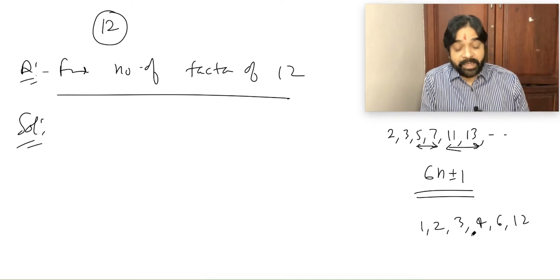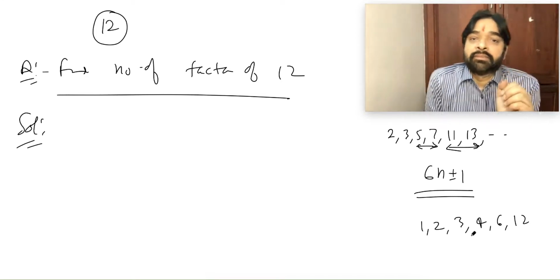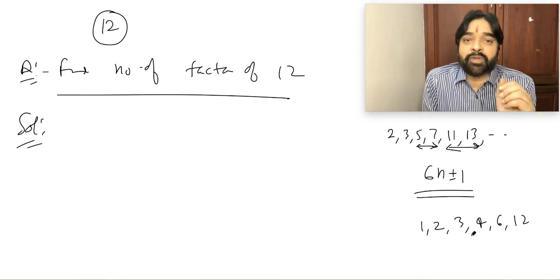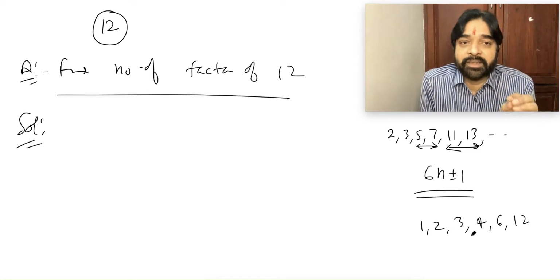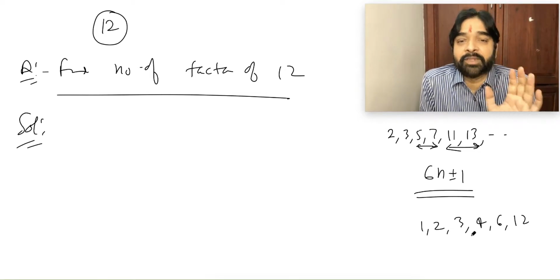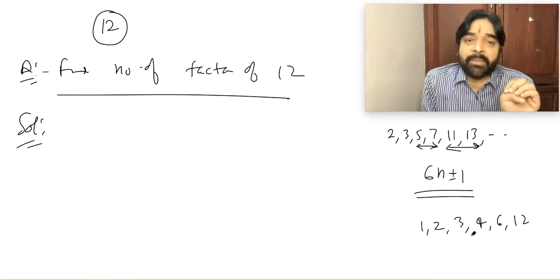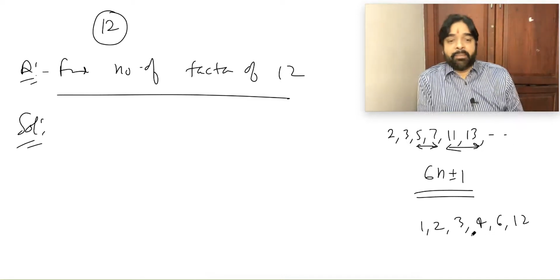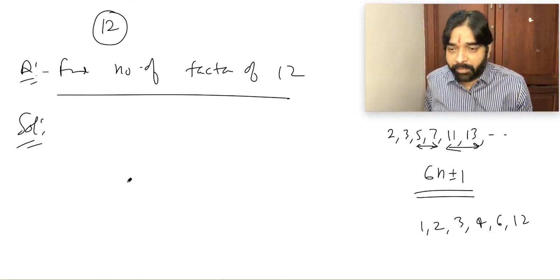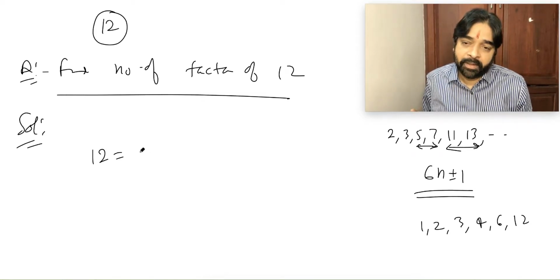But imagine if this number were bigger, 1200 or maybe 4000, something like that. In that case, calculating the number of factors is a tedious job. It will take huge time if you are doing it manually. Can we find some other way? Yes. Can we factorize 12 in the form of prime numbers?